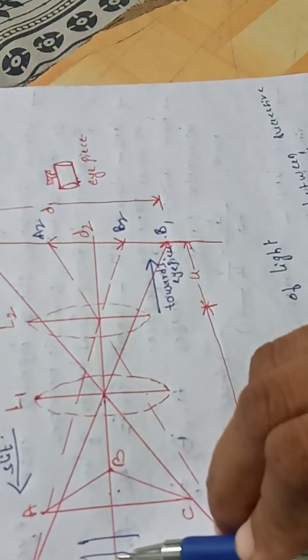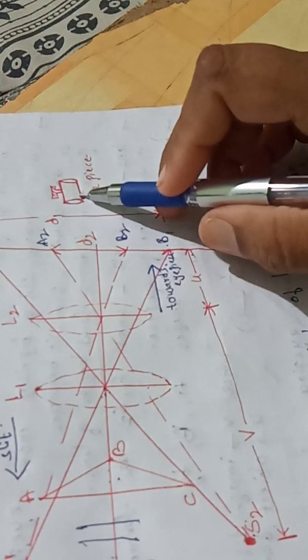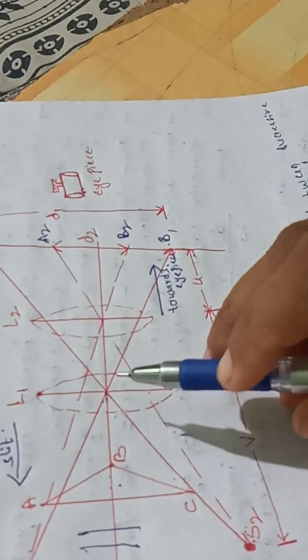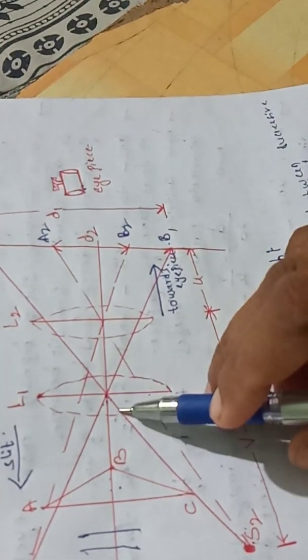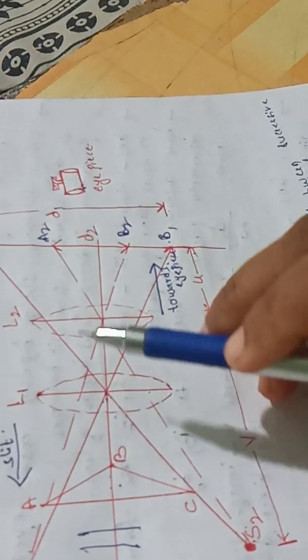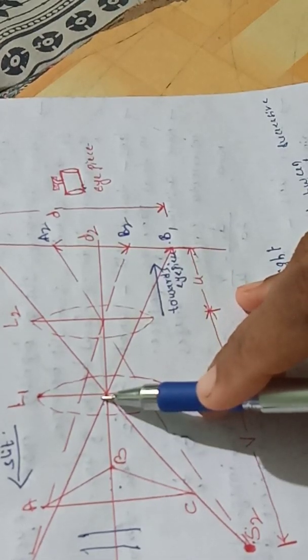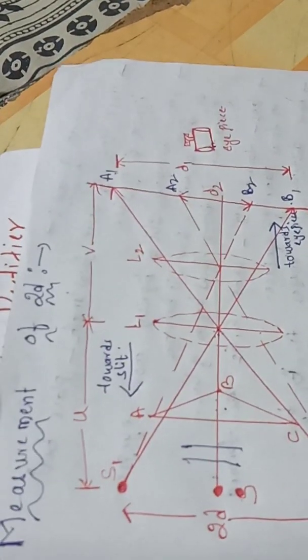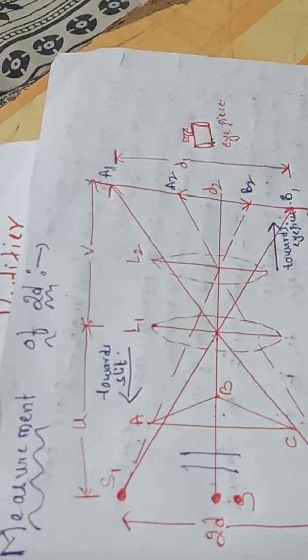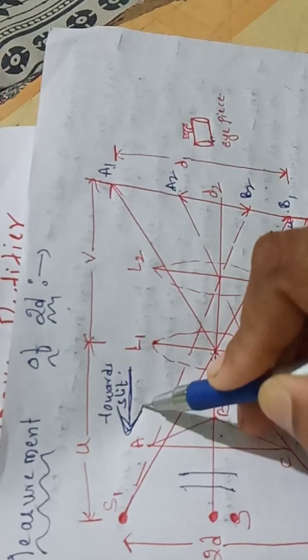Here we are not disturbing the slit or biprism. We are just moving the eyepiece, and we are adjusting the convex lens distance in such a way that the distance of the eyepiece from the slit is 4 times the focal length of the lens. Right? Now after adjusting, first we will move the convex lens towards the slit.